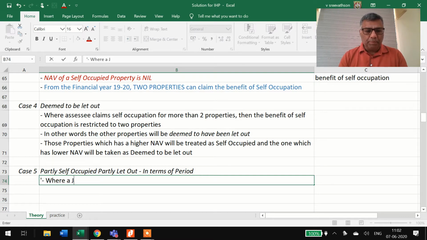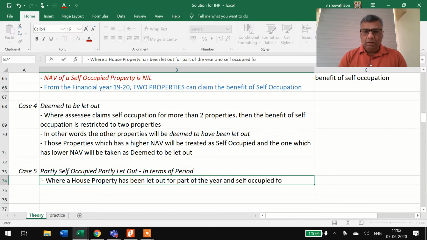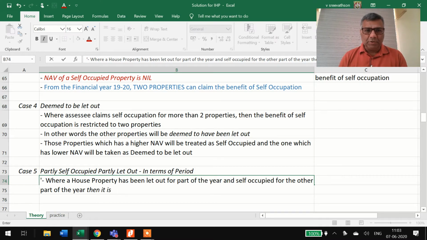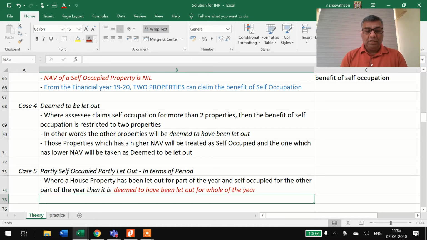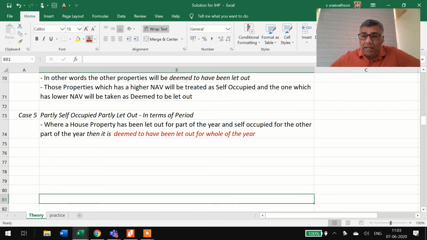Where a house property has been let out for part of the year and self-occupied for the other part of the year, then this is the provision, my dear friends: it is deemed to have been let out for the whole of the year.